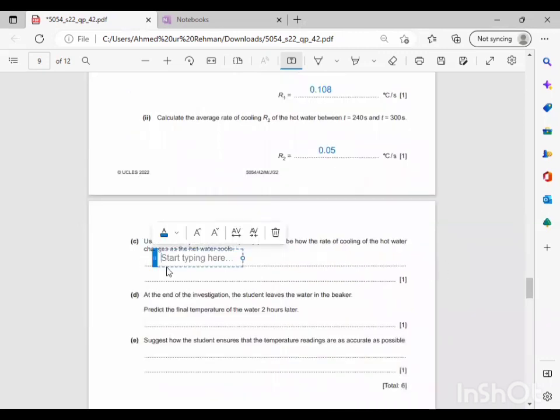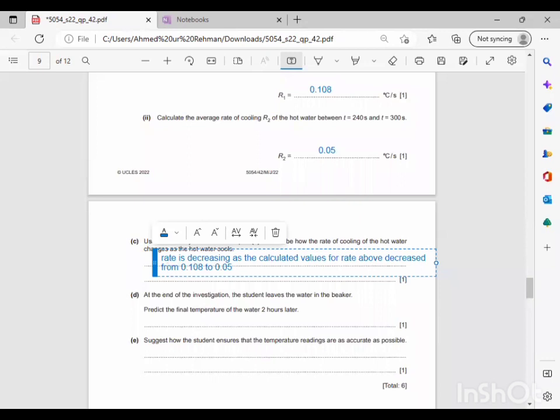So simply the rate is decreasing, as the calculated values for rate above decreased from 0.108 to 0.05.